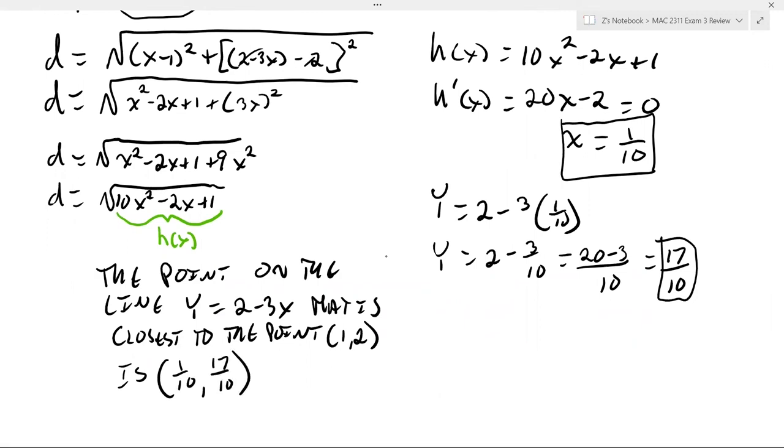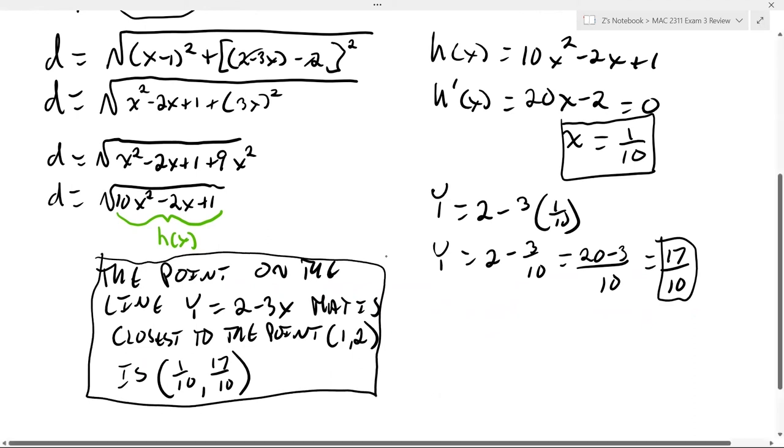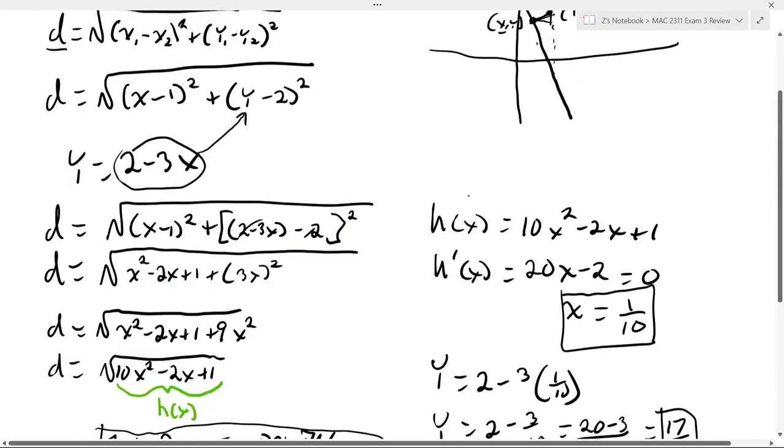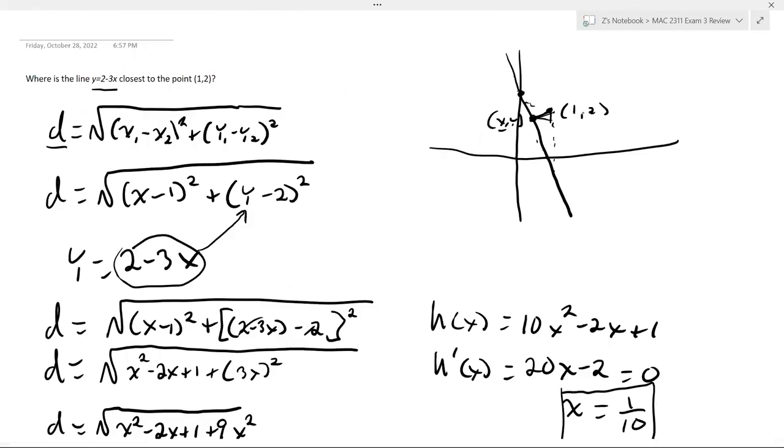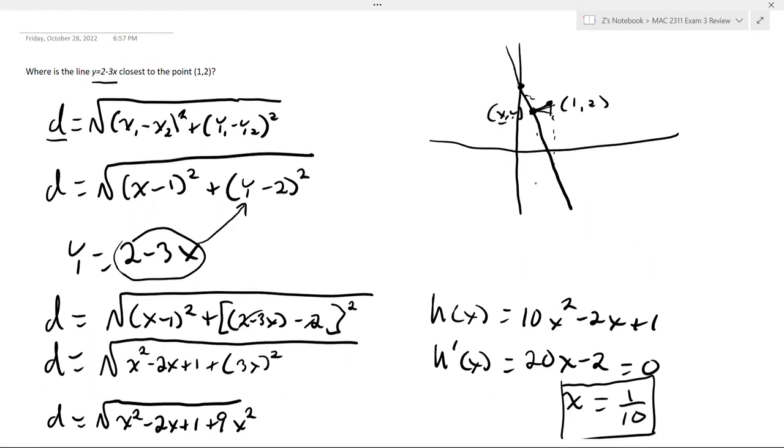Okay. You don't necessarily have to write out this sentence, but it kind of helps to summarize what exactly you're finding. But I would want to know what this point is. That's the point on the line y equals 2 minus 3x, and that's the point that's absolutely closest to the point 1, 2, and that's it.